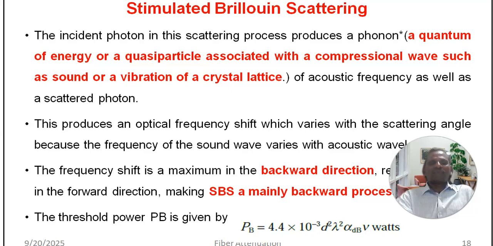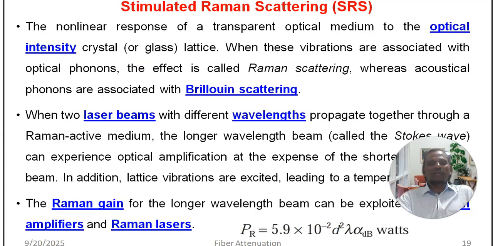The frequency shift is maximum in the backward direction, reducing to 0 in the forward direction, making stimulated Brillouin scattering mainly a drawback process. Here the threshold power is directly proportional to the wavelength squared.